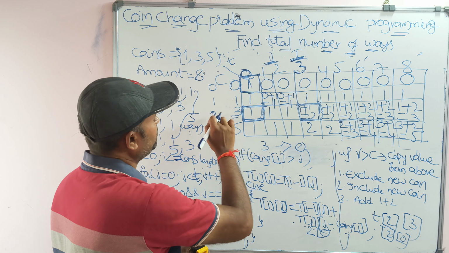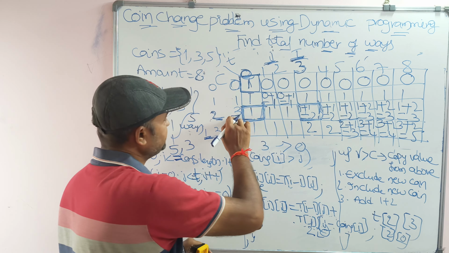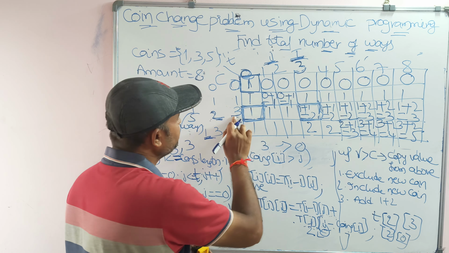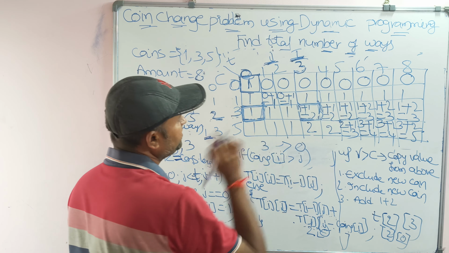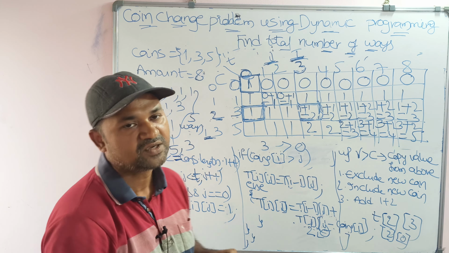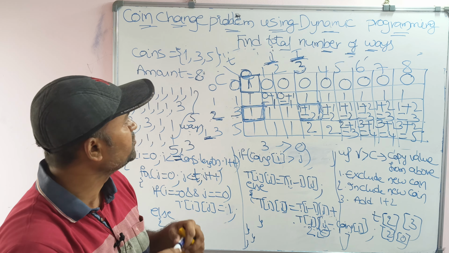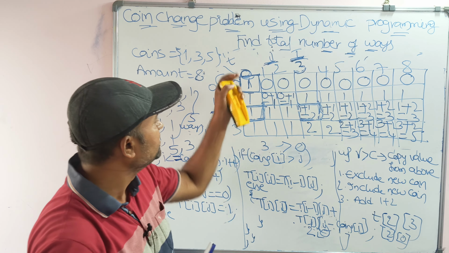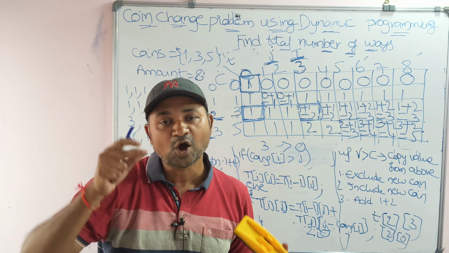Same row only, second row only, but j value is 3, whereas that coin is 3. So 3 minus 3 means 0. So what is T[2][0]? 1. So 1 plus 1 means 2. So likewise we can easily write the program. So this is about the coin change problem using dynamic programming. So this is about finding the total number of ways.